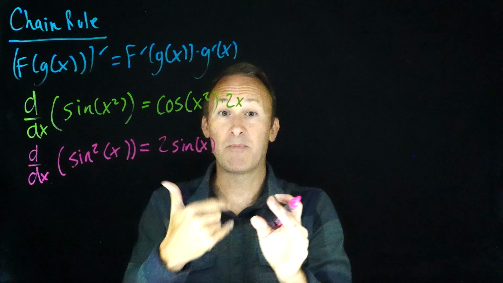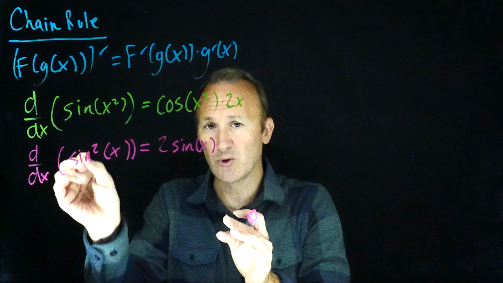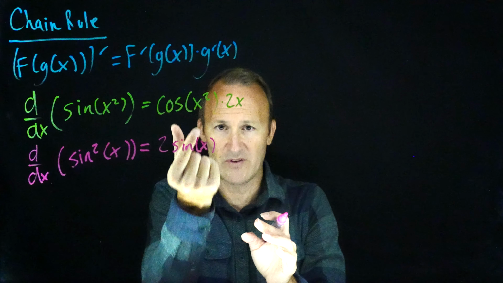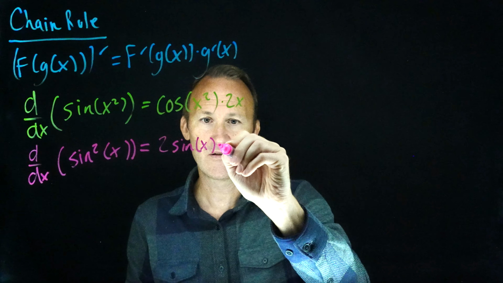But by the chain rule, you've got to multiply by the derivative of sine of x. So it's times cosine of x. The chain rule is really going to widen the examples that you can do for taking the derivative. It really opens things up.